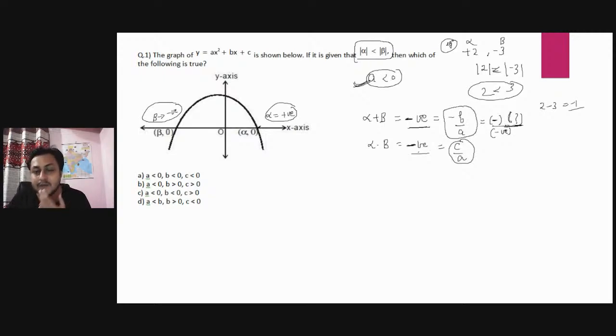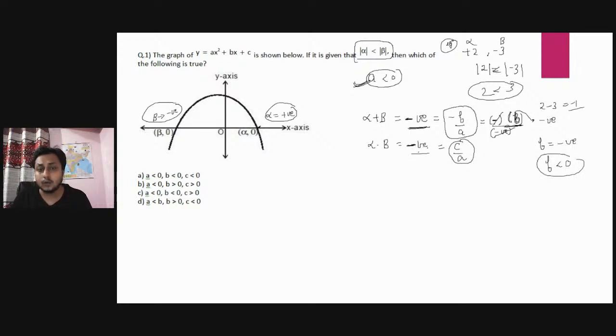Can you find the nature of b? The negative cancels out, and the sign of b should be negative, because the resultant should be negative. So overall we get negative, so the value of b should be negative, or you can say b should be less than 0.